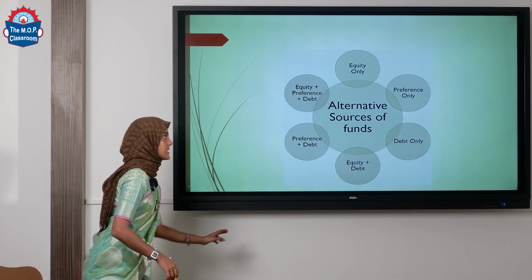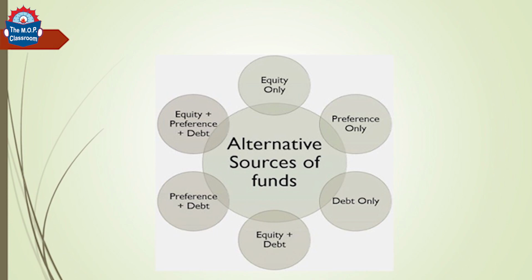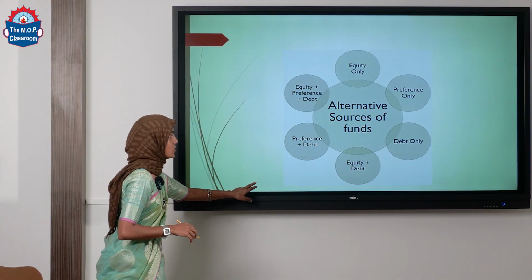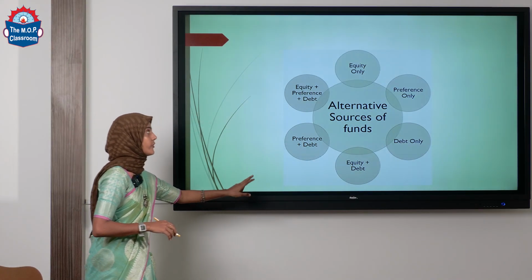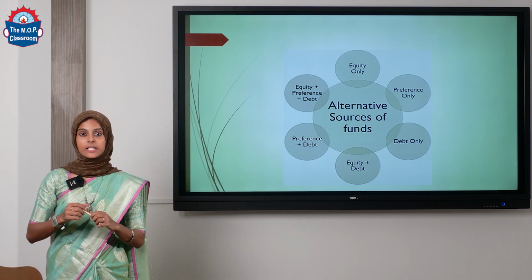Like we already discussed, there are various sources of finance, and a company can raise their capital purely through equity or purely through debt, or it can be a mixture of equity and debt, and it can also be only preference or preference and debt only, or equity, preference and debt. So, we are going to look into the cost of capital of each of these components.